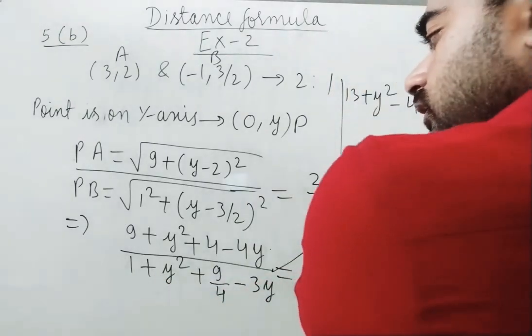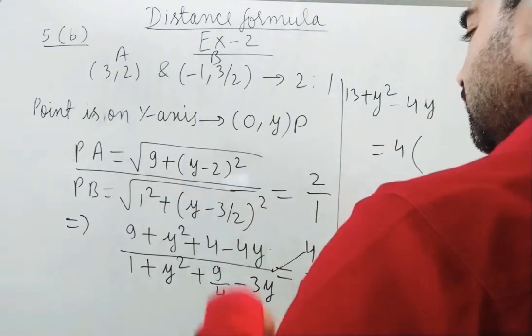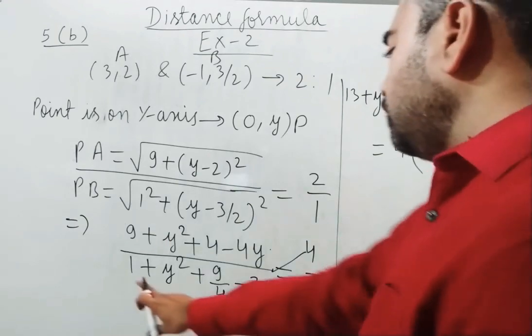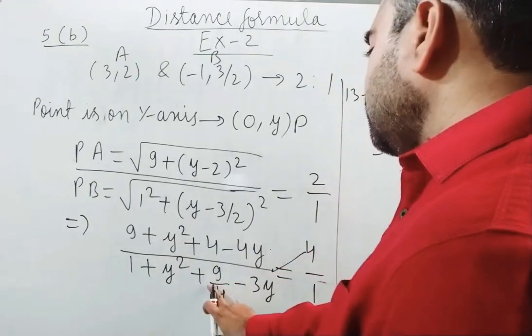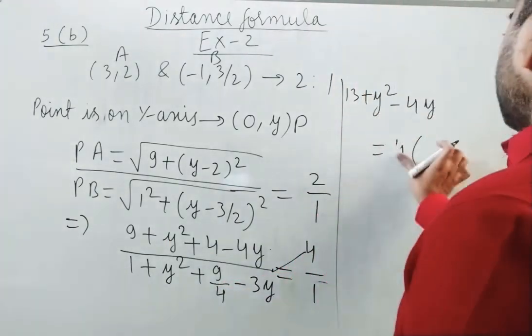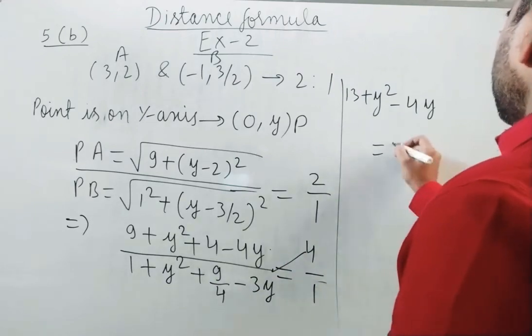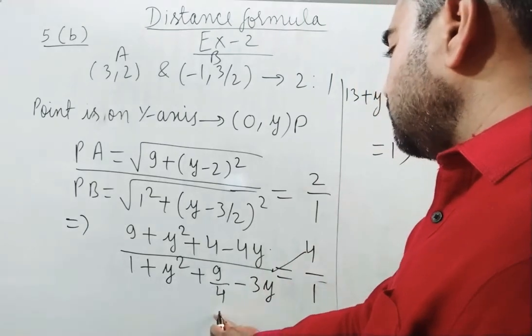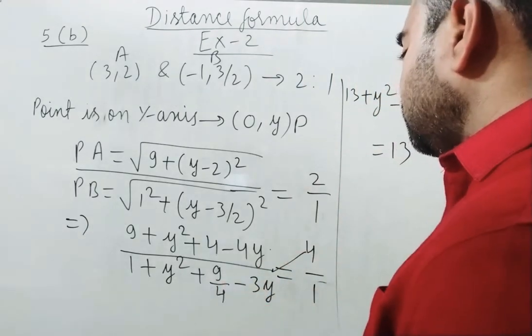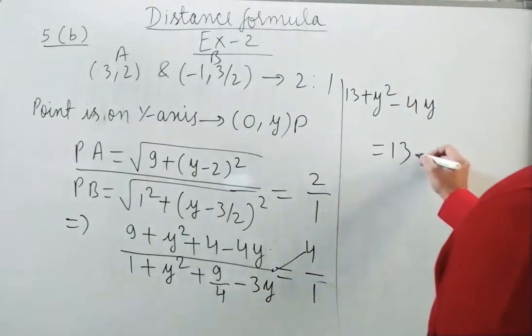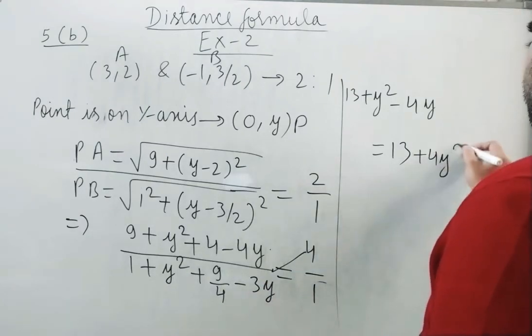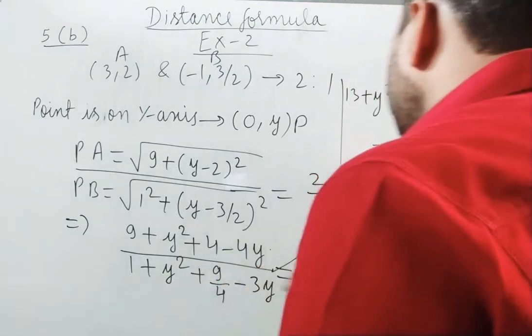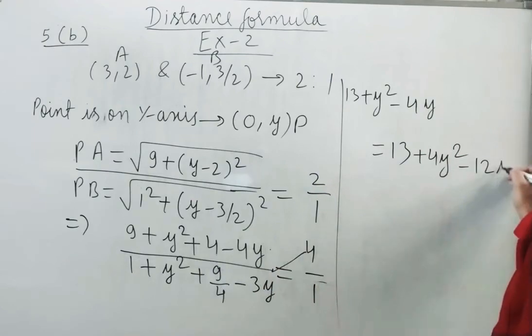Multiply directly. So finally this will become 4 plus 9, that is 13. Directly I am writing, 4 into 1 is 4, 4 into 9 by 4, 4 cancelled. So 4 plus 9, 13, 4y square. Correct? 4y square and minus 12y.